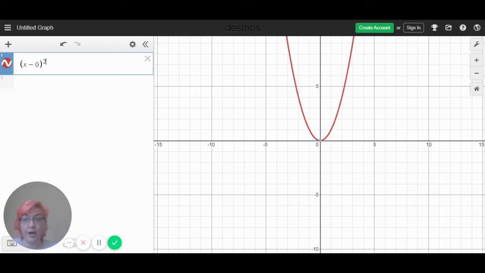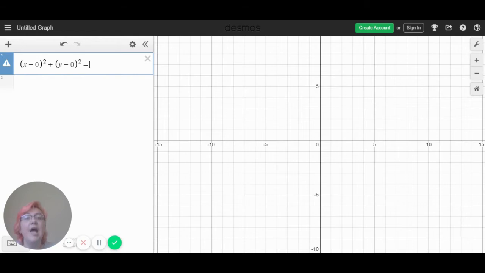Then I'll use my arrow to move over, plus, and then I have y minus k, where k is the y portion of the center of my circle, which at 0, 0 is going to be 0. And I am going to hit Shift 6 and square that. And I want my radius to be 5.